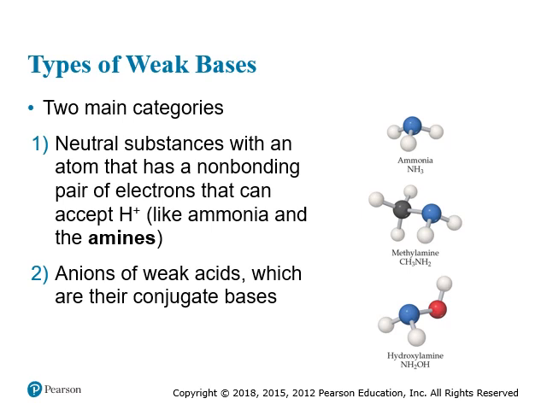They tend to be either neutral substances that have an atom with a non-bonding pair of electrons that can accept that proton, just like ammonia, or they're the ions, specifically the anions of weak acids, the result of a weak acid dissociation, producing a conjugate base.